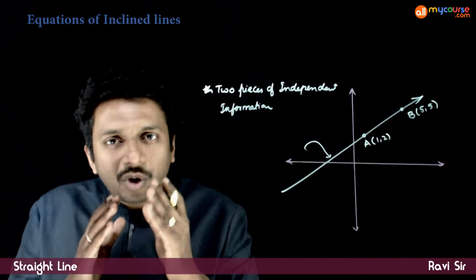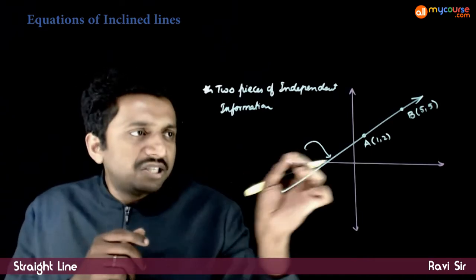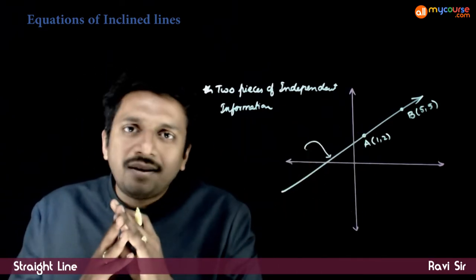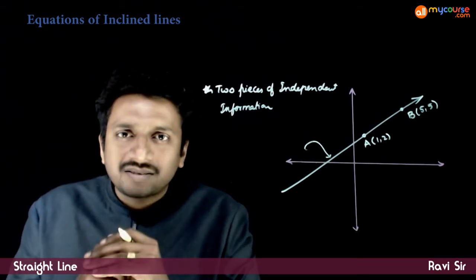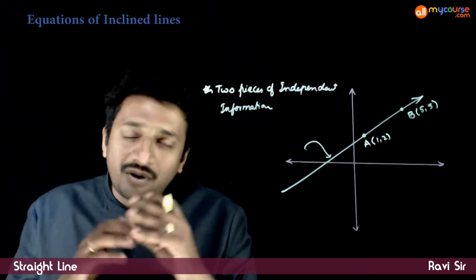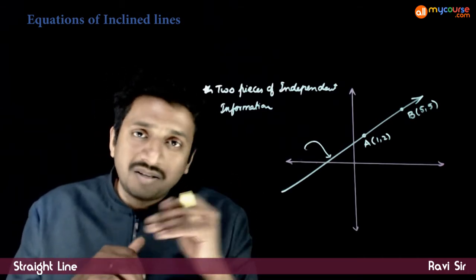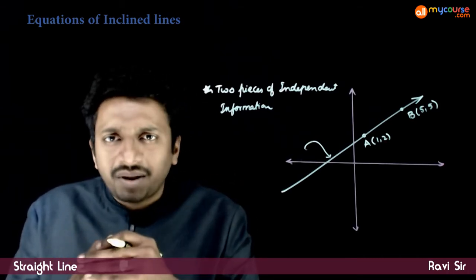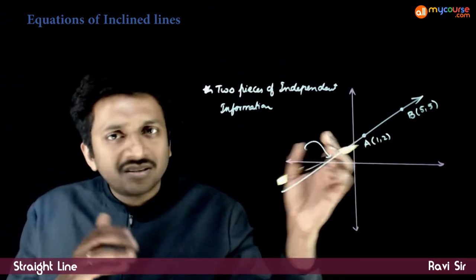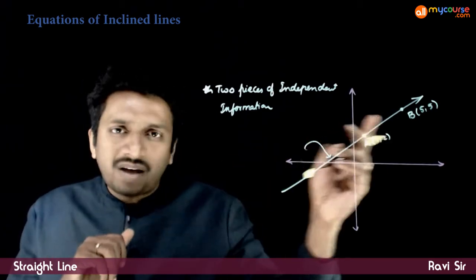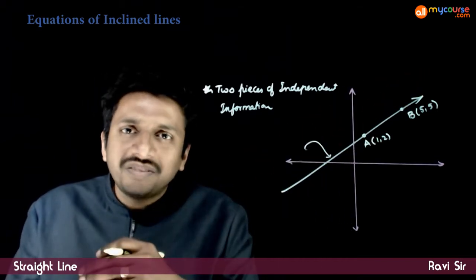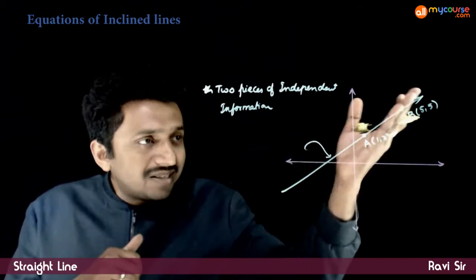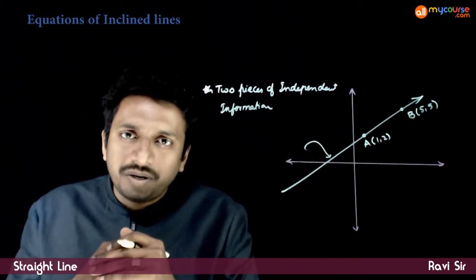If I say that I'm talking about a line which passes through these two points, I hope all of us can agree on what the line is. Because if all of us take a graph paper and plot this line, all of us will plot the same line. Because (1, 2) is the same for all of us, (5, 5) is the same for all of us, and there is only one straight line which passes through these 2 points.